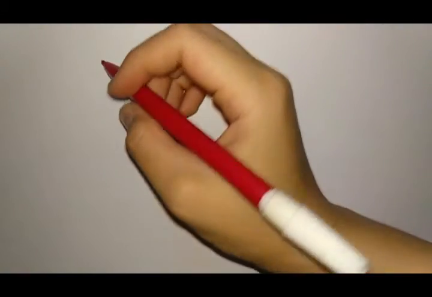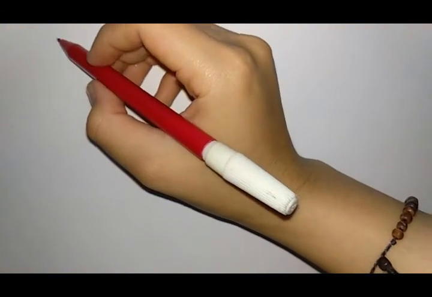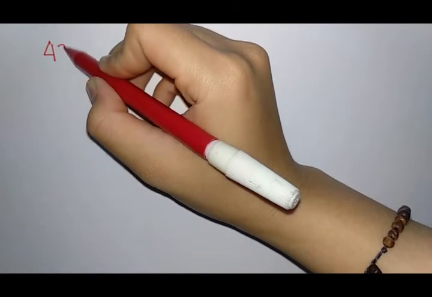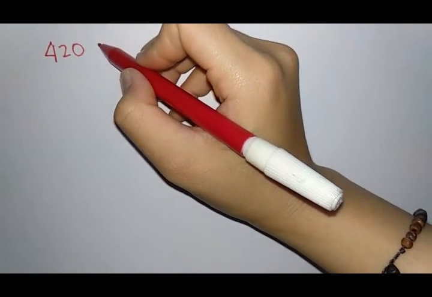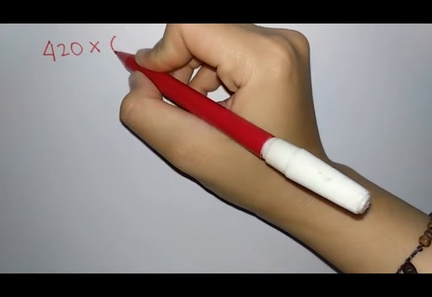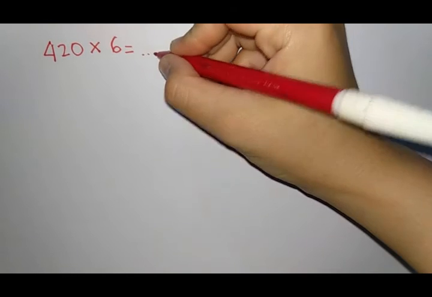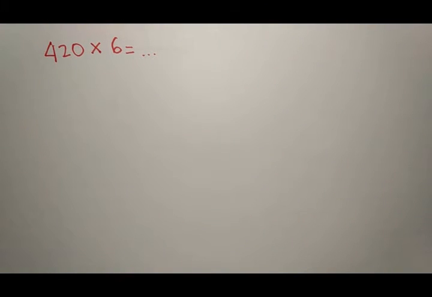So, if I have 420 multiplied by 6 equals, and to solve this question, the step is the same as with the smaller number.